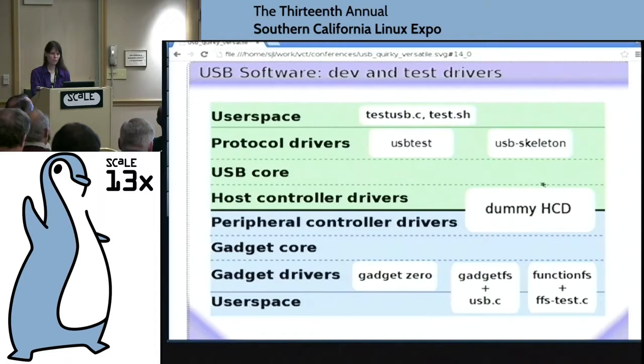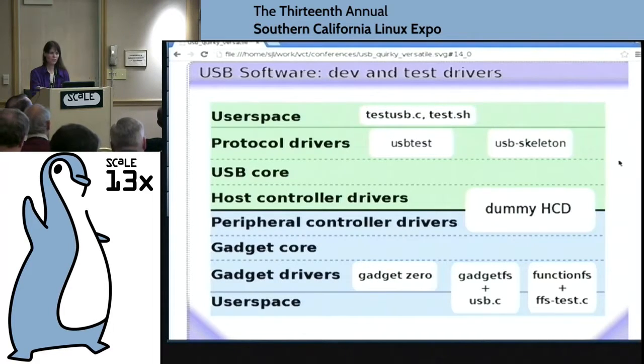So the interfaces that it exposes let you talk to both. It's kind of like a local loopback where you can talk in one side on the host, and on the other side you can talk target.